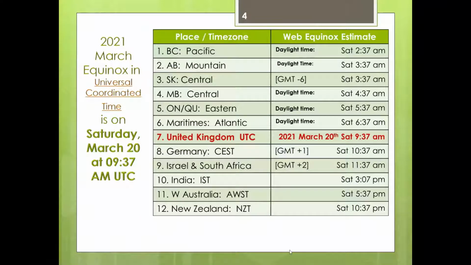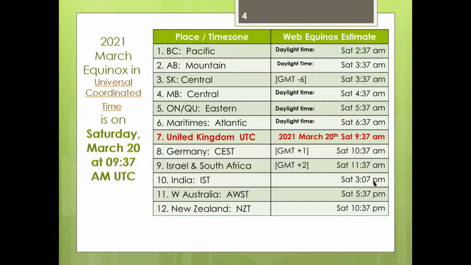As we look at Germany, that is going to be 10:37 for them. Israel and South Africa, it's 11:37 in the morning. India is around 3:07. They have a half an hour delay there in most of India. West Australia, it's already 5:37 in the afternoon for them.